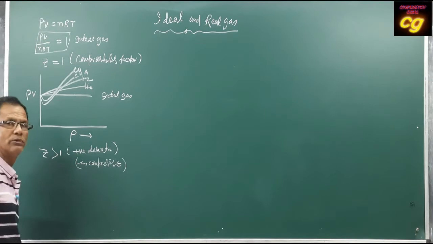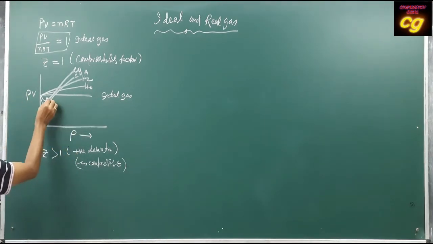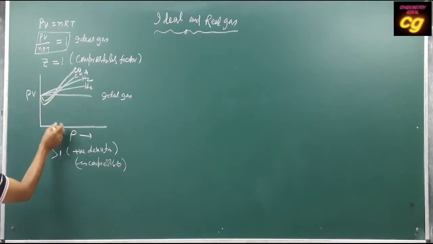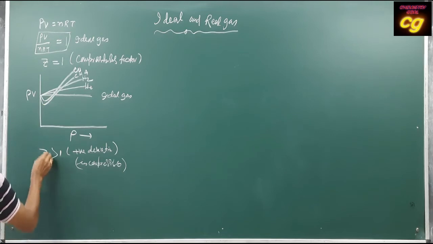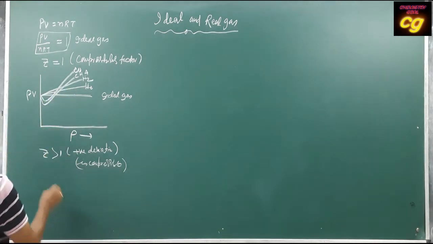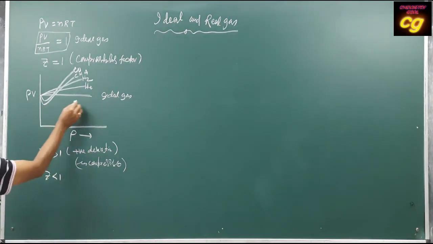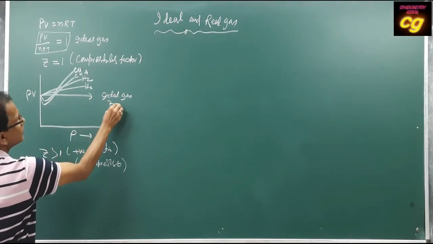Almost incompressible. But the graph which is coming below, up to this part at low pressure, is just coming below the ideal gas. That is negative deviation, Z value less than 1. Z equal to 1, this is Z equal to 1.